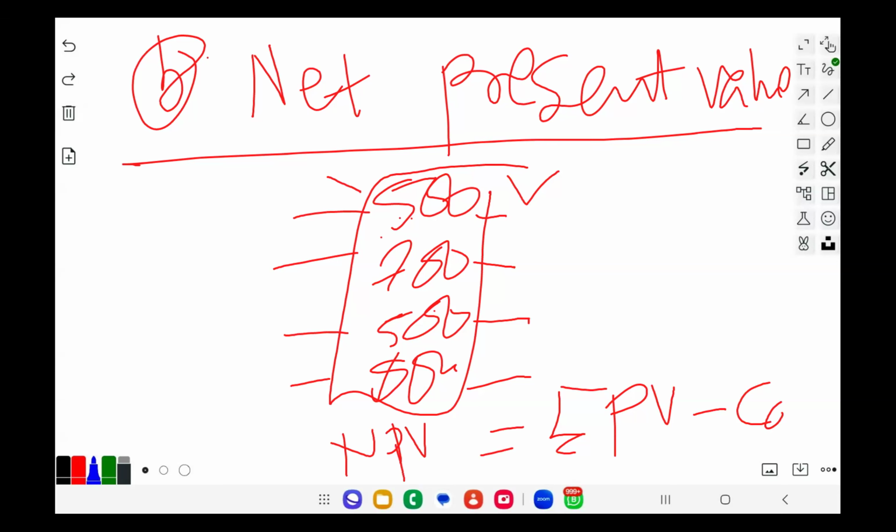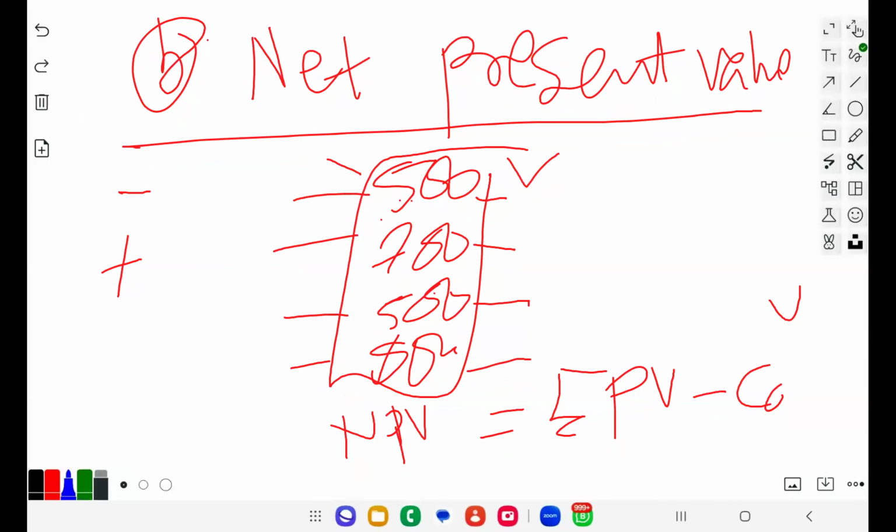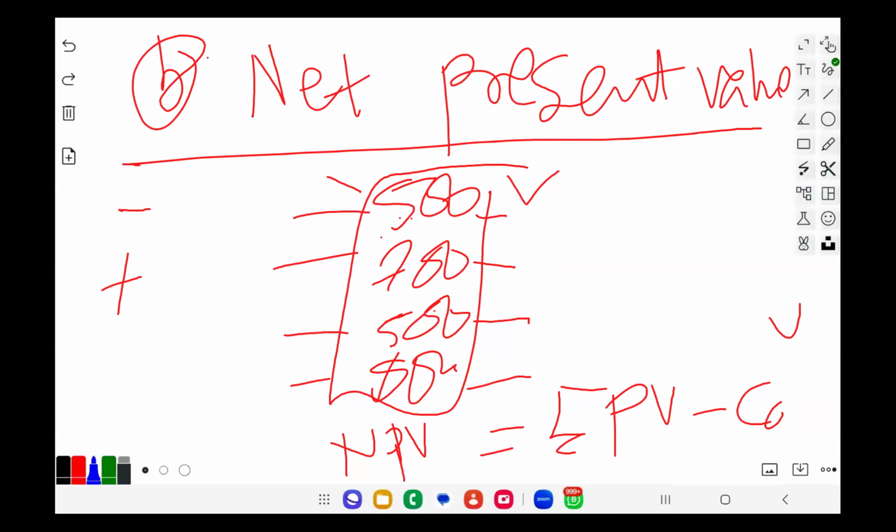Now, the net present value can either be negative or positive. If you find that the cost is higher than the total cash inflows, that is, the money that you receive from the investment is less than how much you invested, you have a negative NPV.